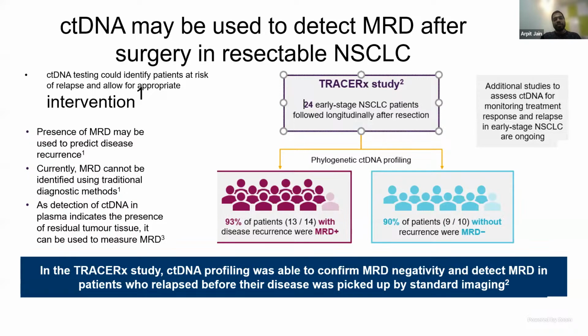Similarly, they also identified that in those patients who were negative for MRD, only 10% recurred. So ctDNA can be used as a technique to identify early recurrence prior to the standard imaging methods.